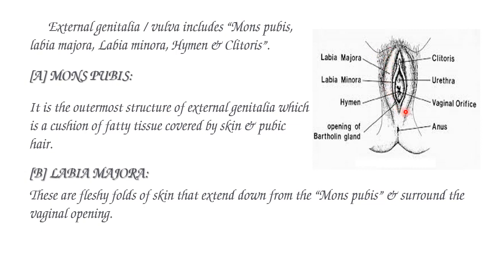This region is called the labia majora, and the labia majora surrounds the vagina. The labia majora are homologous to the scrotum of the male.